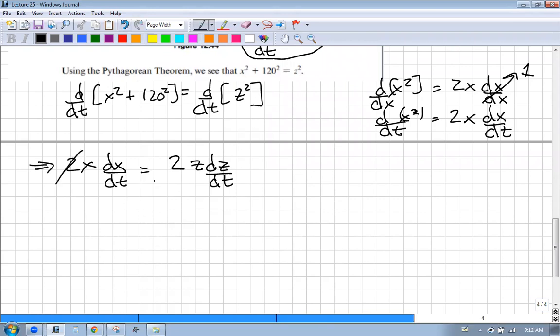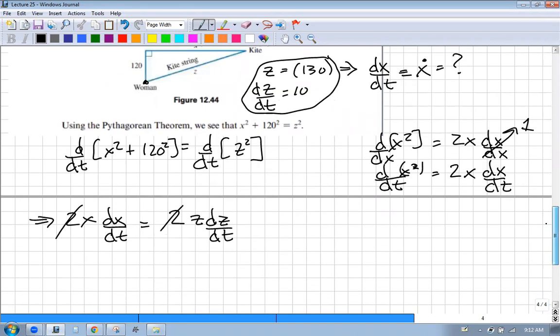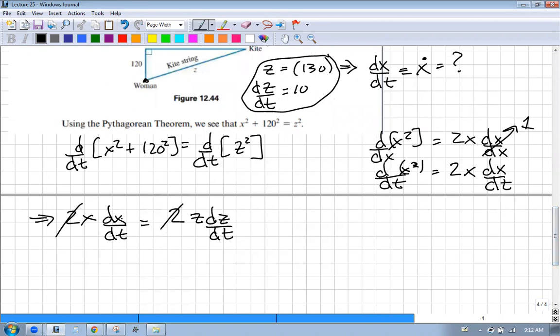We can throw these 2's away. So what do we want to know? We want to know what dx dt is at any given time, so you have to divide both sides by x. I'm going to get a z over x times dz dt.